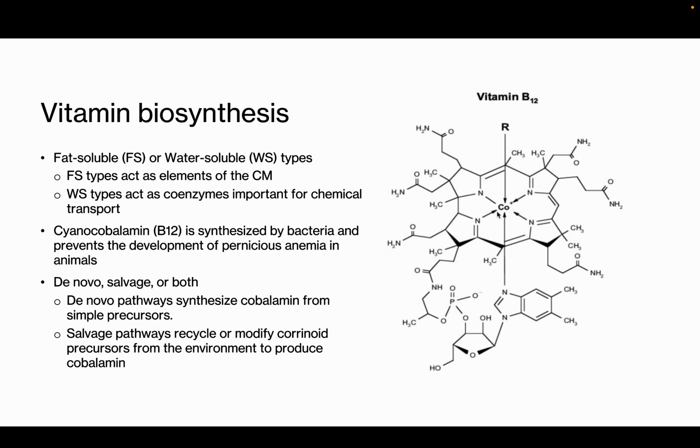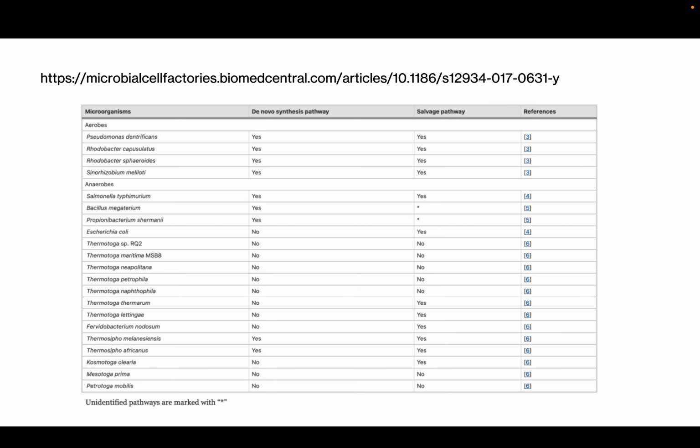So it's difficult to synthesize. Therefore, microbes producing B12 also have the tendency to just salvage corinoid rings from the environment because it's a big molecule. It's very complicated in structure, so it's difficult to synthesize de novo. Now, a lot of microbes have been characterized in terms of their B12 production.